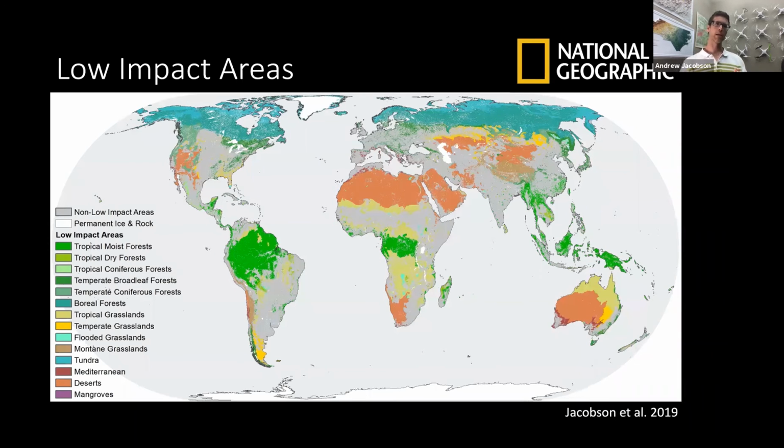Areas in gray are the areas that were impacted by people. The areas that are colored there are these low human impact areas, color coded according to the biome that they're in. This is a map that identifies landscapes with low human densities and impacts, and areas that are not primarily managed for human needs.